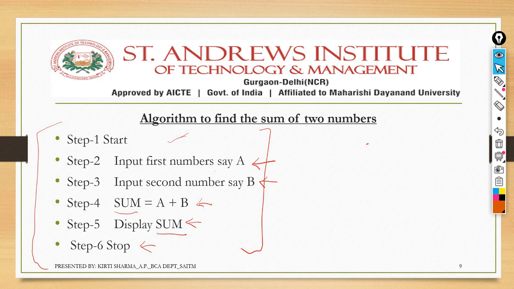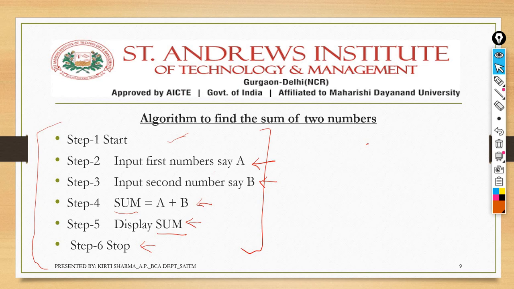And if you are not able to write the step-by-step algorithm to solve a particular problem, then it may also not be possible to write the C program or programming code to solve that problem.